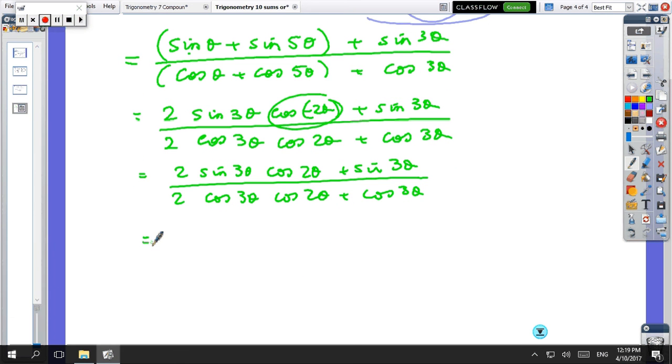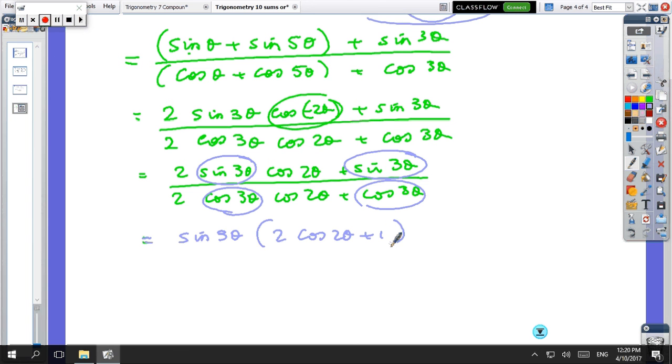So what's common on the top? We've got sine 3 theta common, and on the bottom cos 3 theta, so we end up with sine 3 theta (2 cos 2 theta plus 1) over cos 3 theta (2 cos 2 theta plus 1).